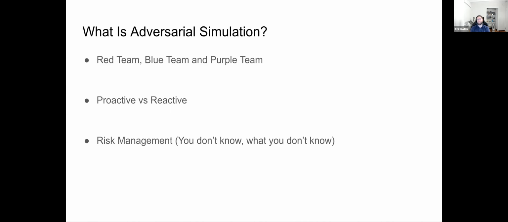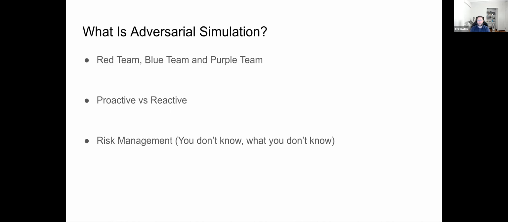The purple team is augmenting the blue team with some offensive knowledge, meaning they're no longer just observing the logs, they're no longer just being reactive, they also have some sort of proactive capabilities.